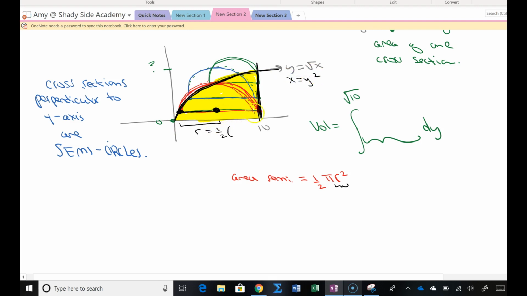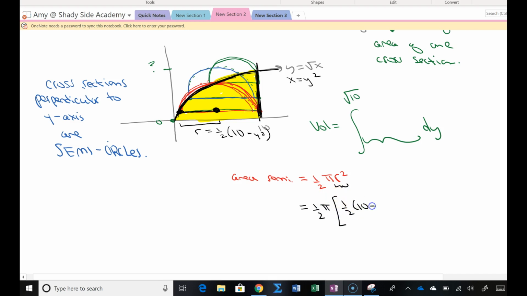The distance between this curve and this curve is 10 minus y squared. Half of that distance equals the radius. So in this particular picture, the area of that semicircle is 1/2 pi, here's the radius.